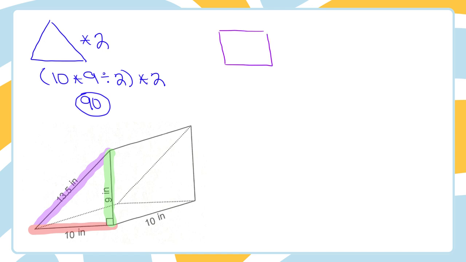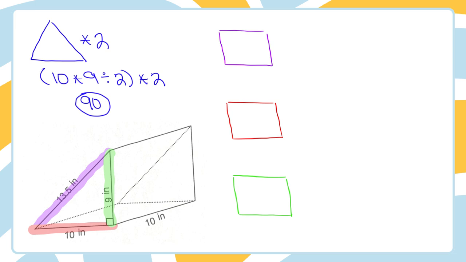Okay, I'm drawing my 3 rectangles. So each of them is gonna have that 10 inches that isn't on the prism. Very good.